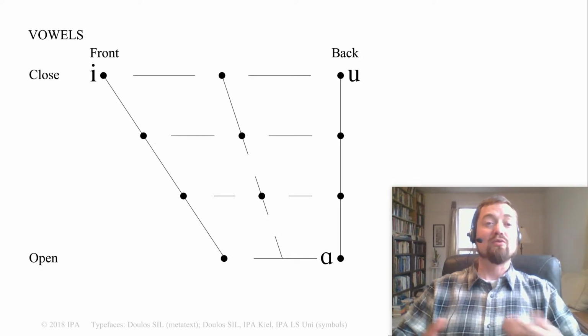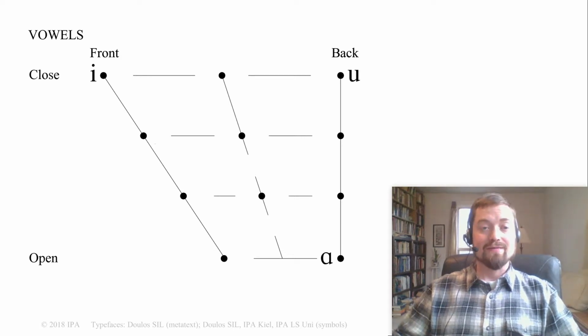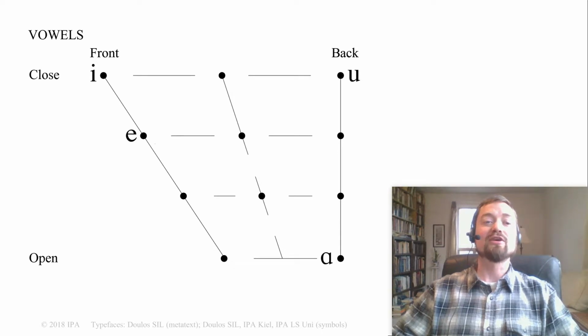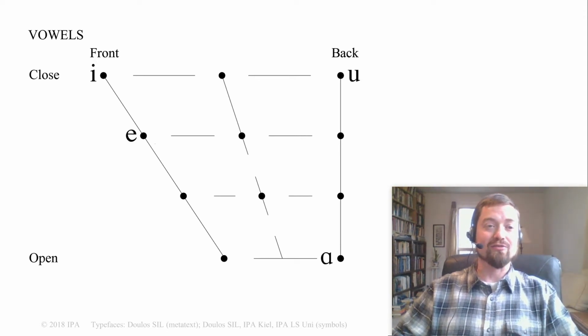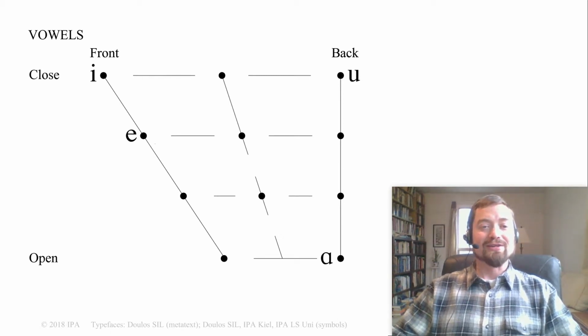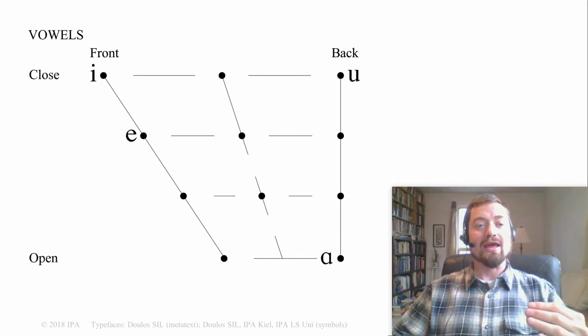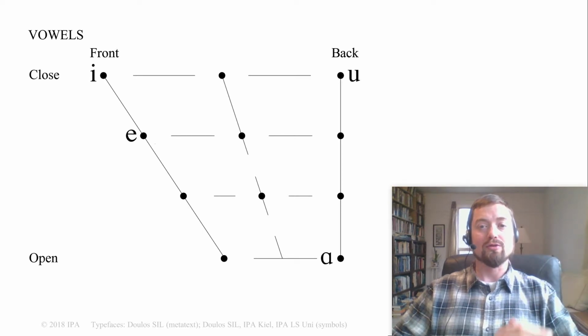E, and that's where you get the sound A, which we write using the letter E. So you can see how confusing this can be when you're talking about vowels because the sound E is written I, the sound A is written E. But that's how it is. So you can see how this sound A is just like a lowered version of E. You just bring your tongue down lower.